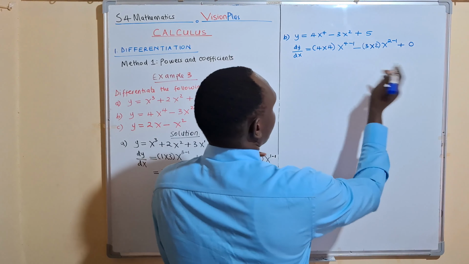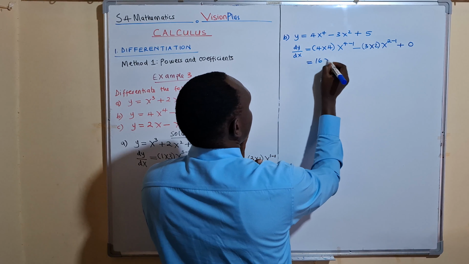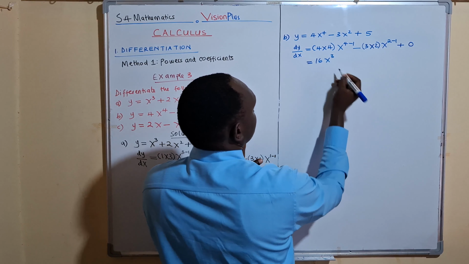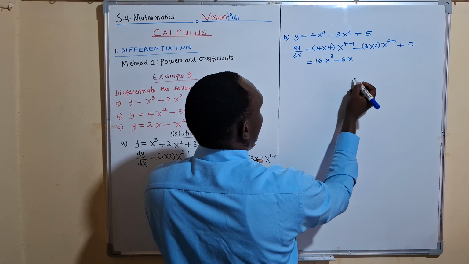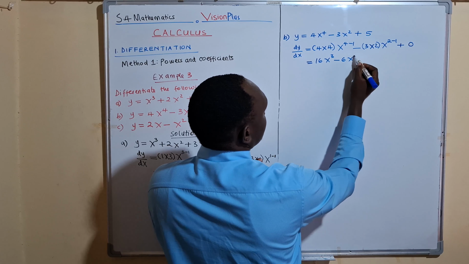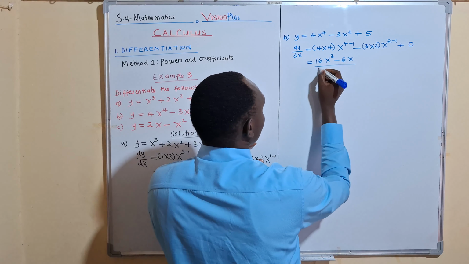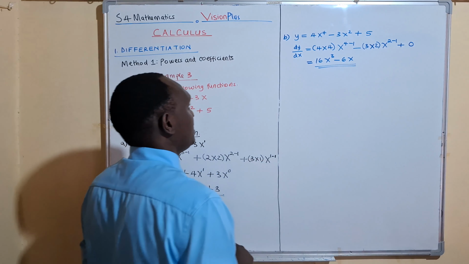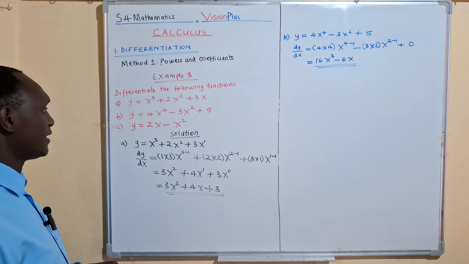It was 3x. So now from here we simply simplify. 4 times 4, 16, x power 3 minus 6x. And this is the answer because this is the power 1, which is the same as 6x. So that is the answer in part B.